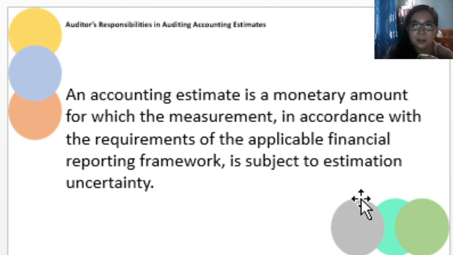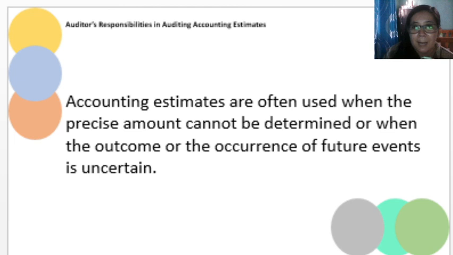So this is subjective, because this is just an estimate. Accounting estimates are often used when the precise amount cannot be determined, or when the occurrence of future events is uncertain. That's why estimates are being used.